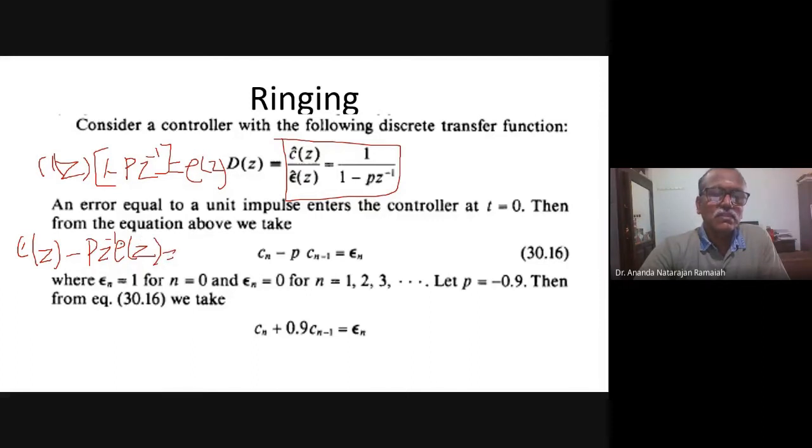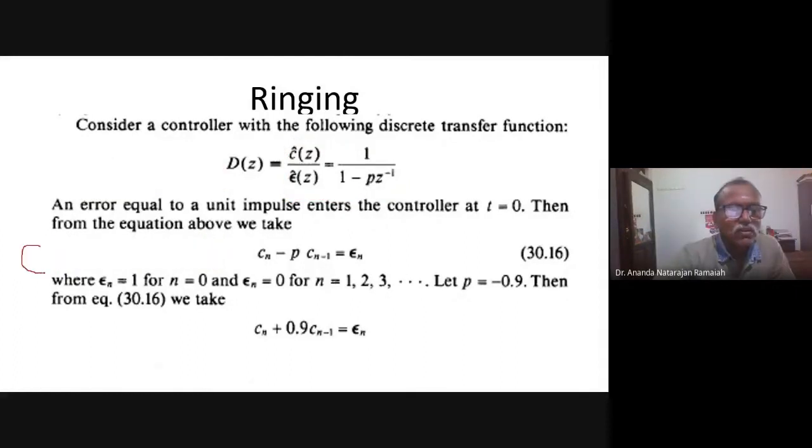Left hand side is controller output C. So if you write in time domain, C of n equal to P of C of n minus 1 plus E of n.